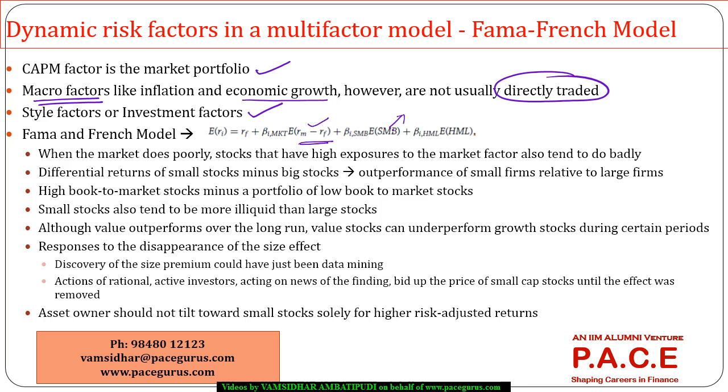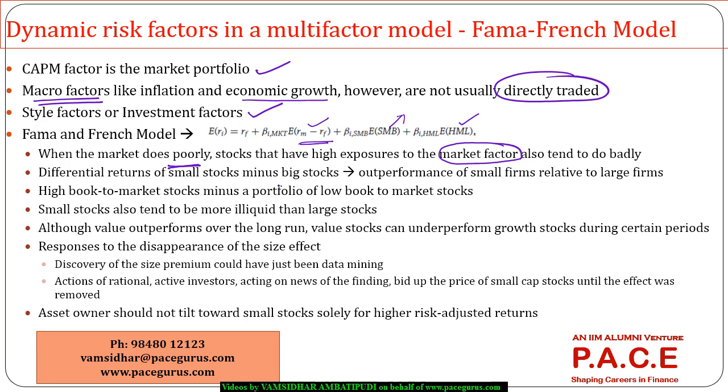Small minus big talks about the returns of the small firms minus the returns of the big firms. High minus low is the returns of the firms with high book to market value minus the firms with lower book to market value. When the market does poorly, the stocks that have very high exposure to the market factor do badly.